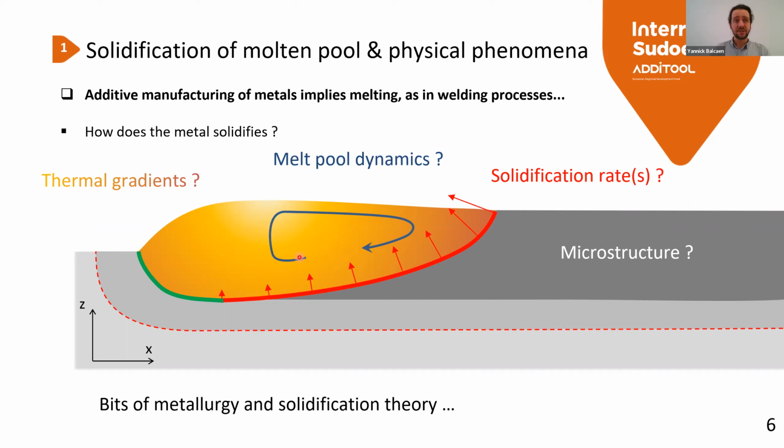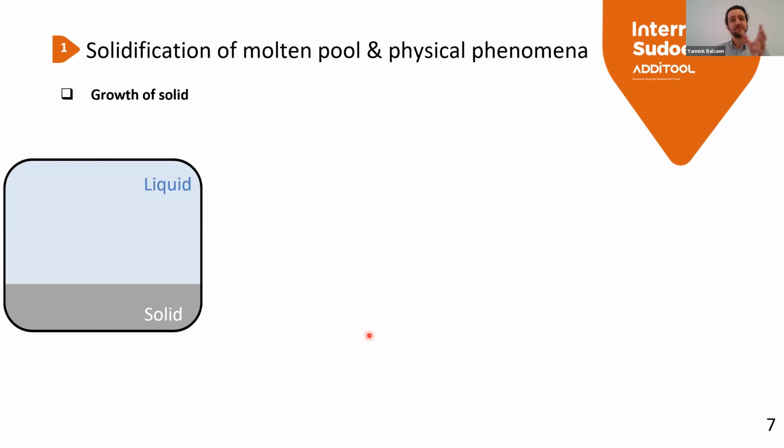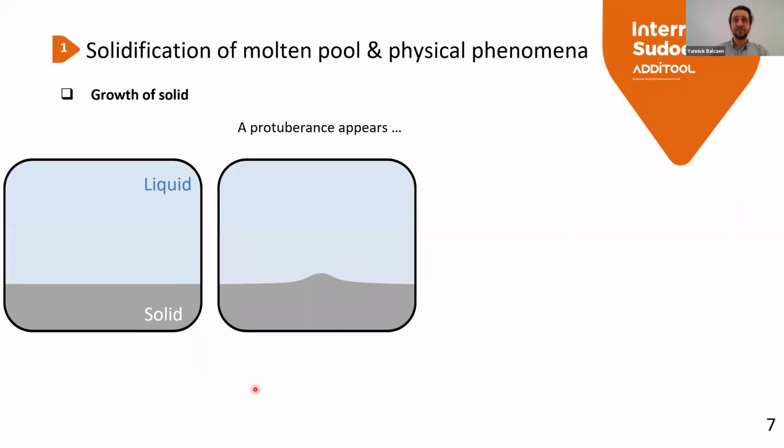So we need to understand bits of metallurgy and solidification theory to understand the specificities of additive manufacturing of metals using fusion processes. When you have a liquid and solid phase of metallic material in equilibrium or near equilibrium, we can sometimes observe a protuberance on this interface, an excess of solid.